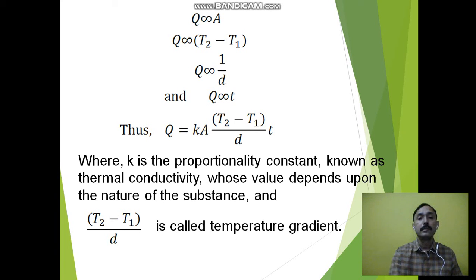The term (T2 minus T1) by D is called the temperature gradient. To summarize, the heat transferred Q is equal to K A (T2 minus T1) by D into t, where K is the thermal conductivity and (T2 minus T1) by D is the temperature gradient.